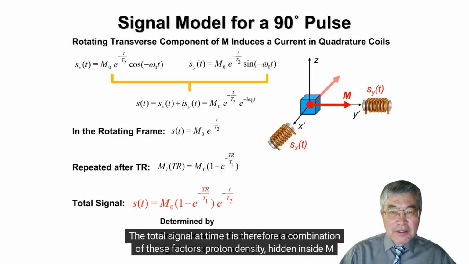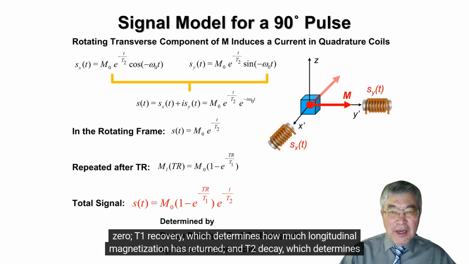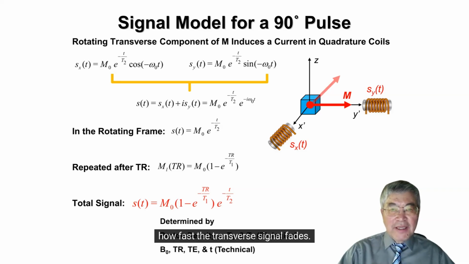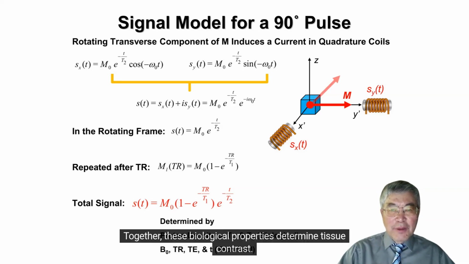The total signal at time t is therefore a combination of these factors: proton density, hidden inside M0; T1 recovery, which determines how much longitudinal magnetization has returned; and T2 decay, which determines how fast the transverse signal fades. Together, these biological properties determine tissue contrast.